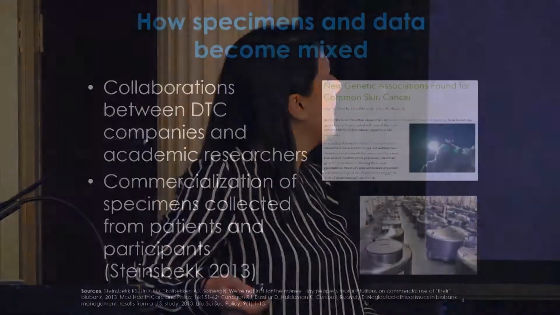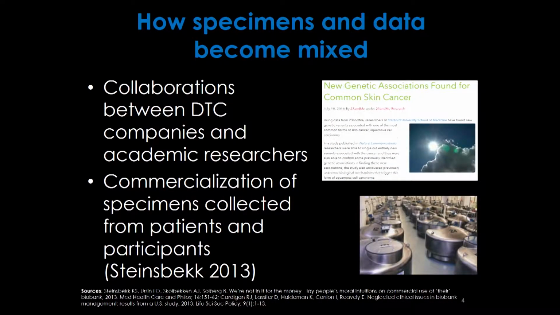A couple of examples of how specimens and data, no matter how they're coming in, get mixed are, one, data are coming into private genetic testing and health data collection companies, like Professor Andrews was talking about, through apps, through direct-to-consumer genetic testing companies, and then get sold to academia, to the drug industry, to insurers, but they also go the other way.